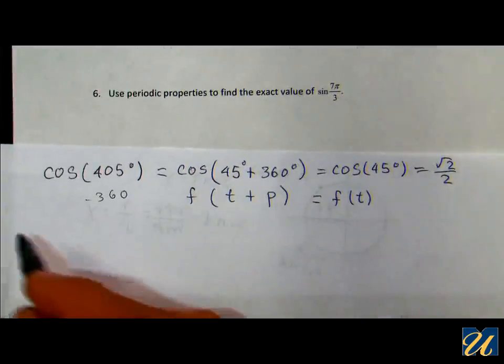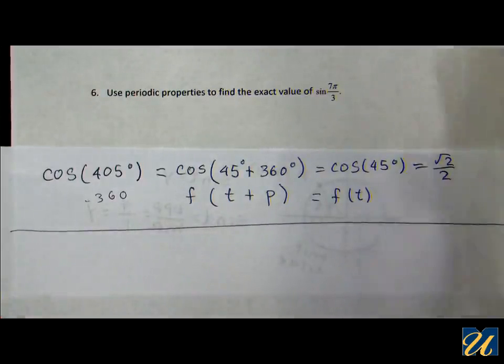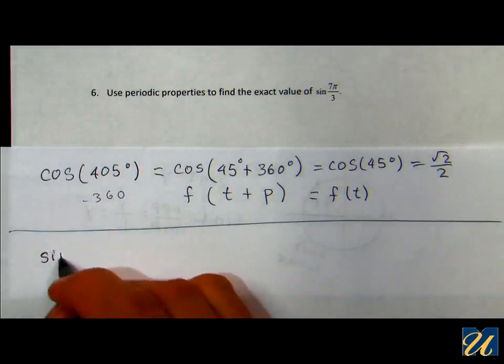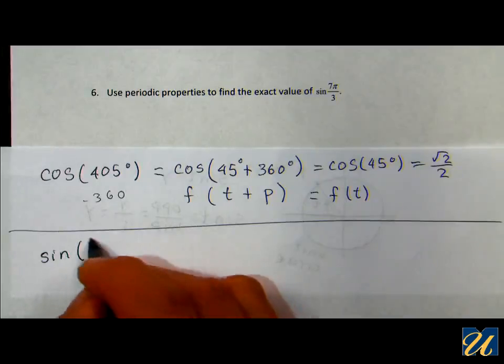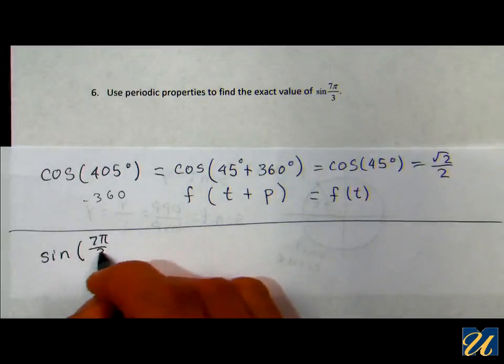Problem 6. Use periodic properties to find the exact value of sine 7 pi over 3. Okay. Sine 7 pi over 3.